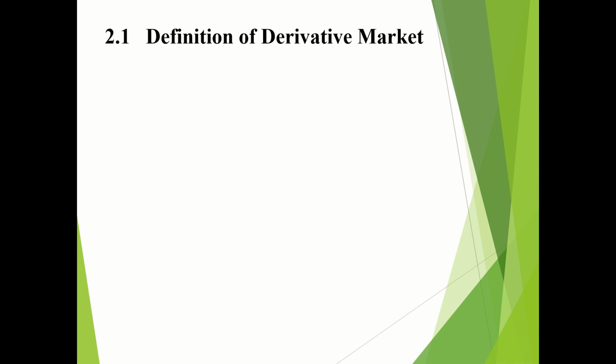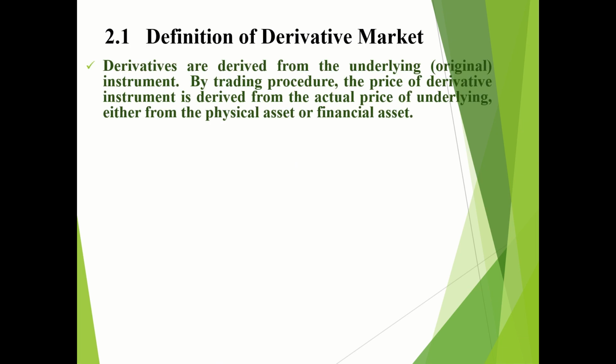Right, revision. Okay, definition of derivative market again. So derivatives are the instruments traded also in the capital market. Derivatives are securities that are derived from the underlying or original instrument. What does the word derivative itself mean? Derive, to result from.